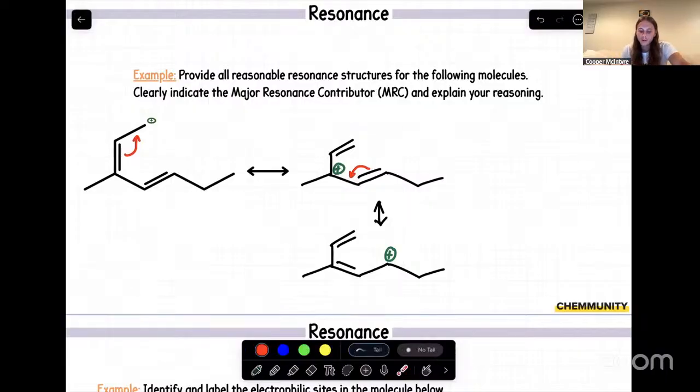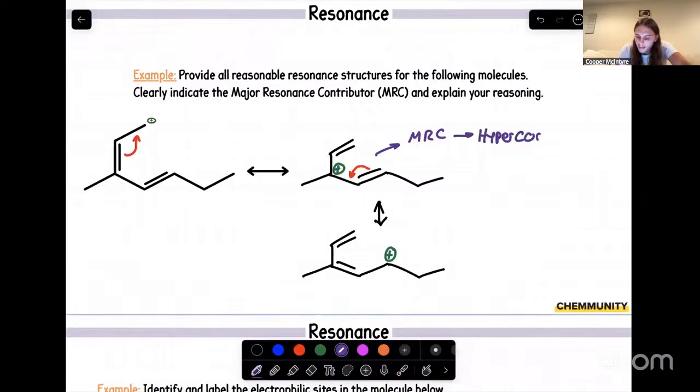And mainly, whenever a carbocation is on a tertiary carbon, that's when it's most stable. So that'll make this one our MRC, our major resonance contributor, due to hyperconjugation. Perfect. We'll keep on moving.